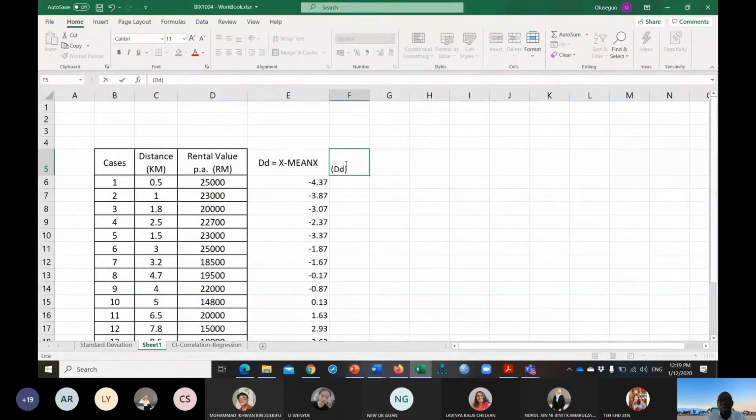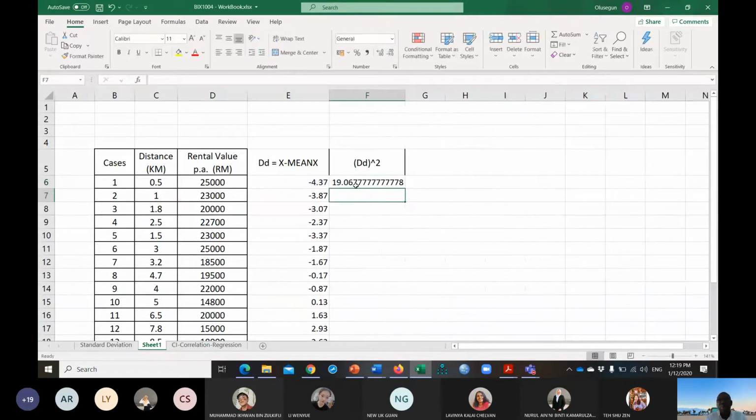That means this one squared, raised to power 2, to 2 decimal places. And we can copy this all through, right?